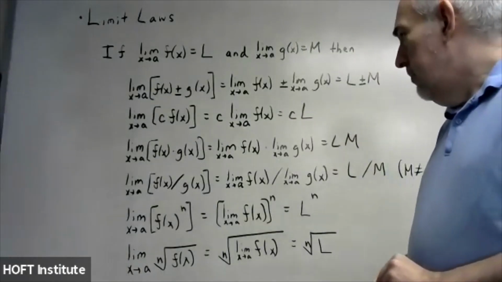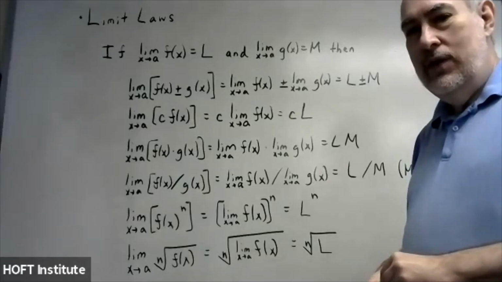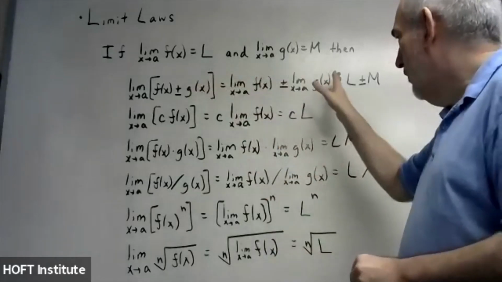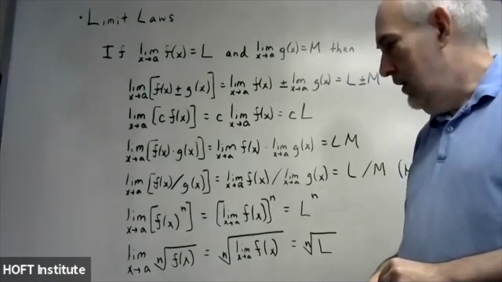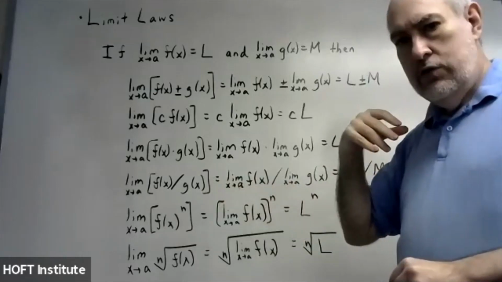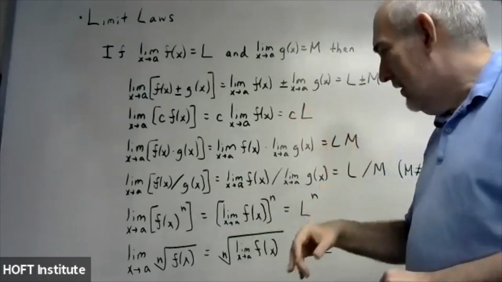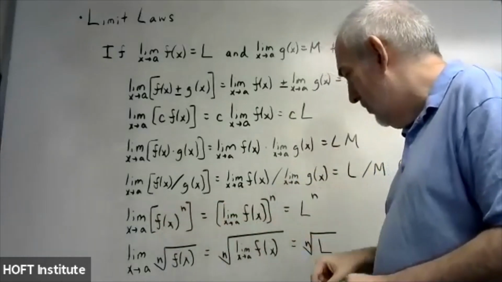So, understanding that, it makes it a lot easier to remember these. You can skip these middle steps and just skip to the last step right here in each of those cases. But you can sort of fill in the blanks by just remembering that, like the nth root of a function, you do the limit of the inside and then you do the nth root.